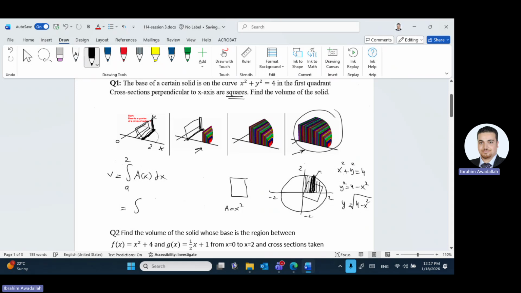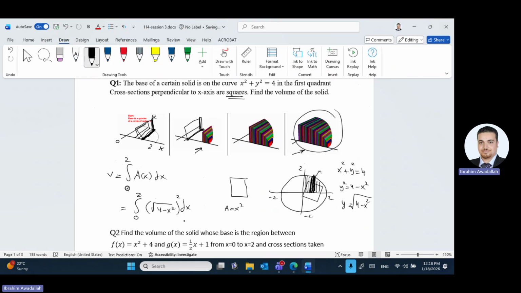So the integration will be from a to b, from 0 to 2, and my function here will be the square root of 4 minus x squared dx.